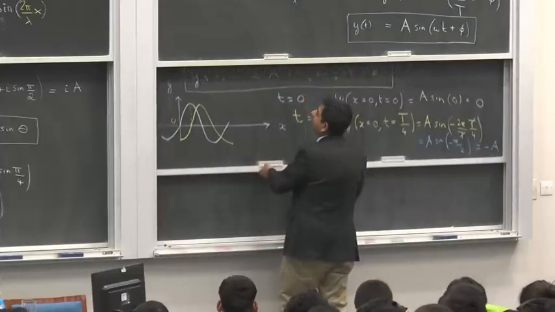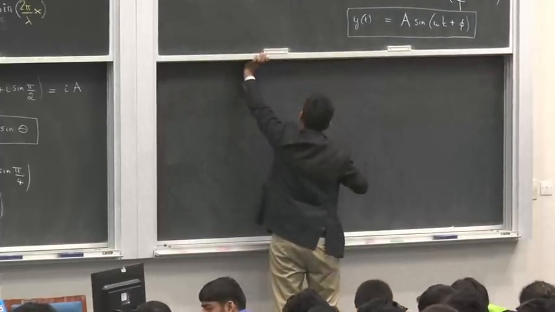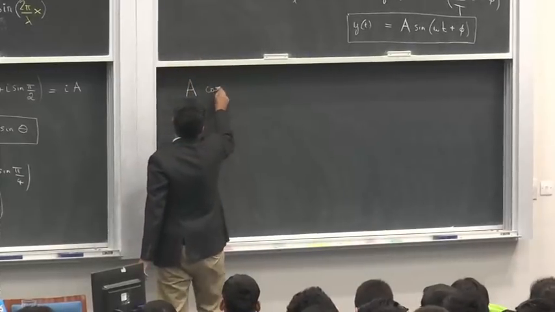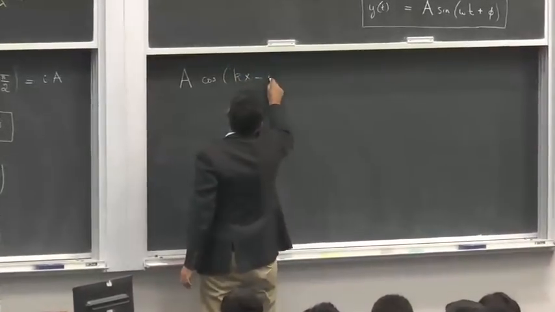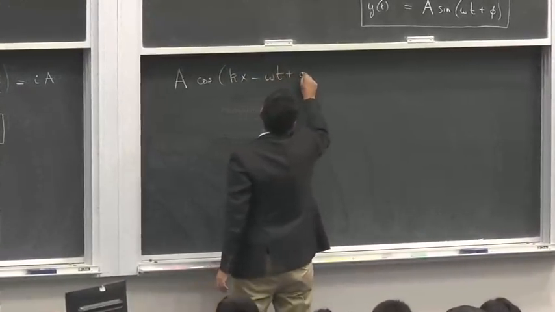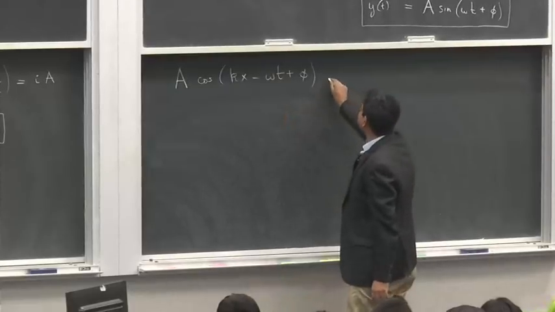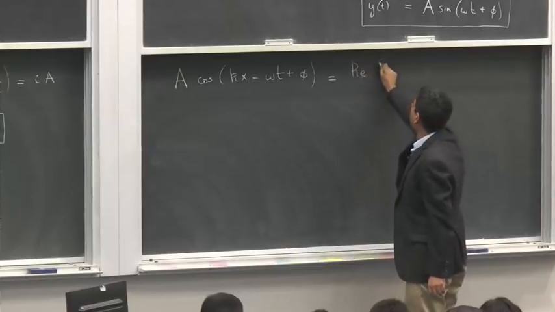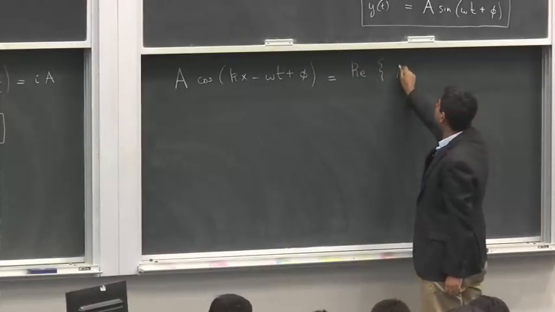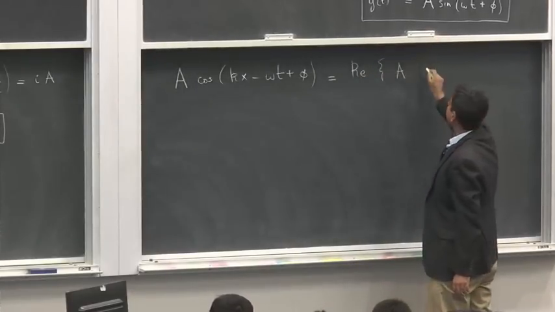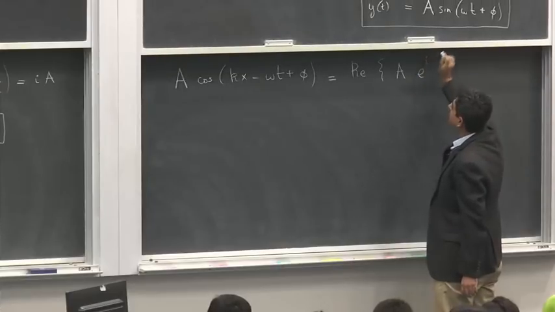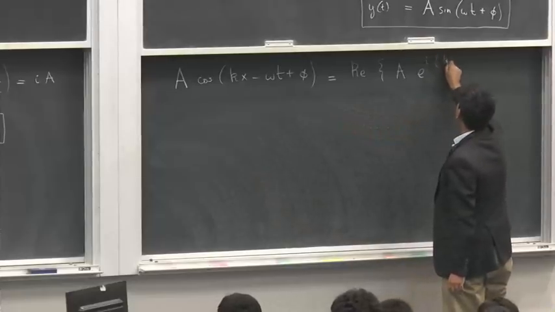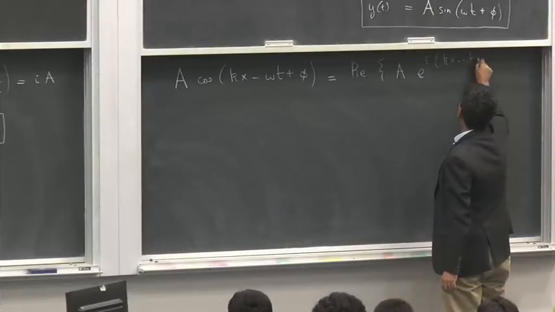So what I could write is, if my wave is represented by a cosine of kx minus omega t plus phi, then this is just the real component of a complex number, and that complex number is A e raised to the power i times kx minus omega t plus phi.